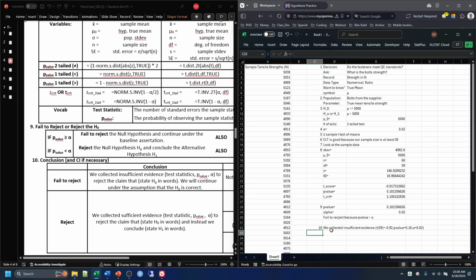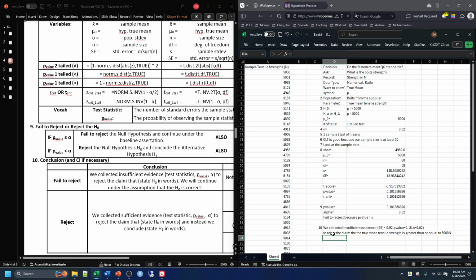And we'll say, so we collected insufficient evidence to reject the claim that the true mean tensile strength is greater than or equal to 5,000 newtons.